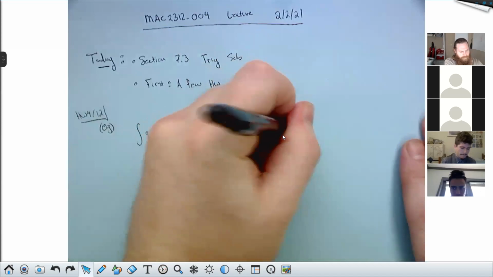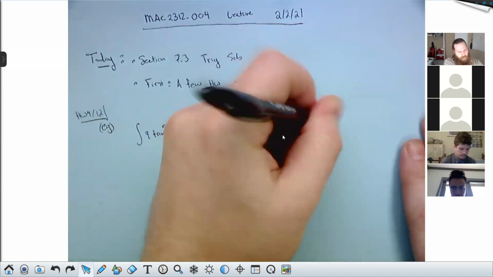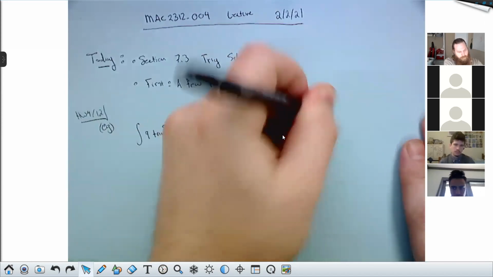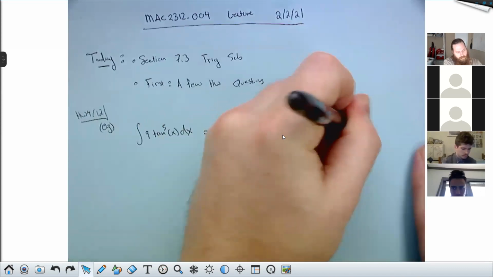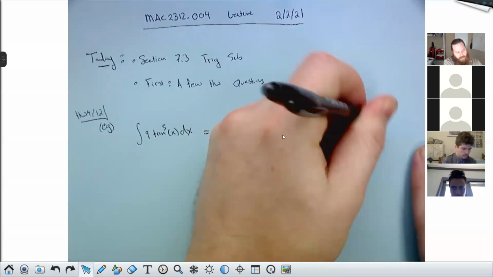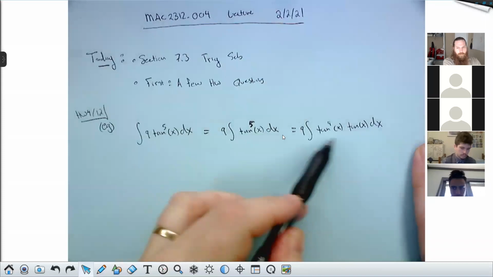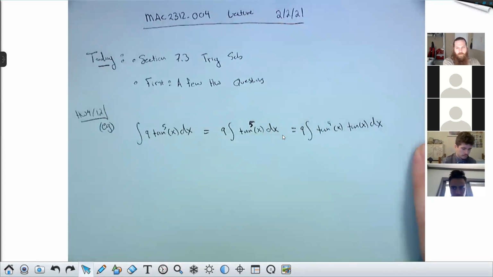I might start by writing this as 9 integral tan to the 4x times tan x dx. And then I'll start expanding this 4th power of tangent in terms of secants to see what I can get.